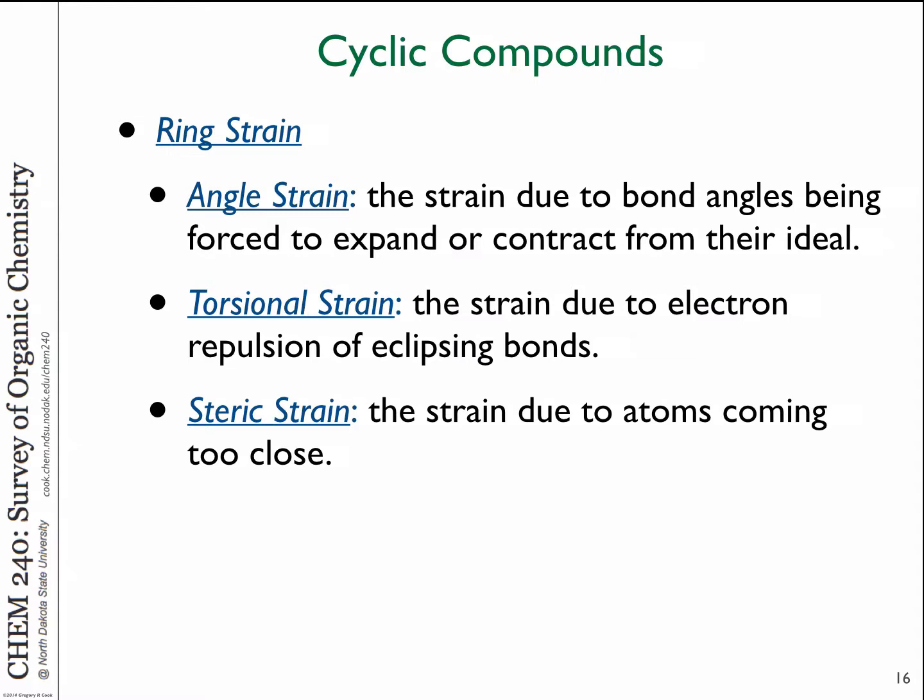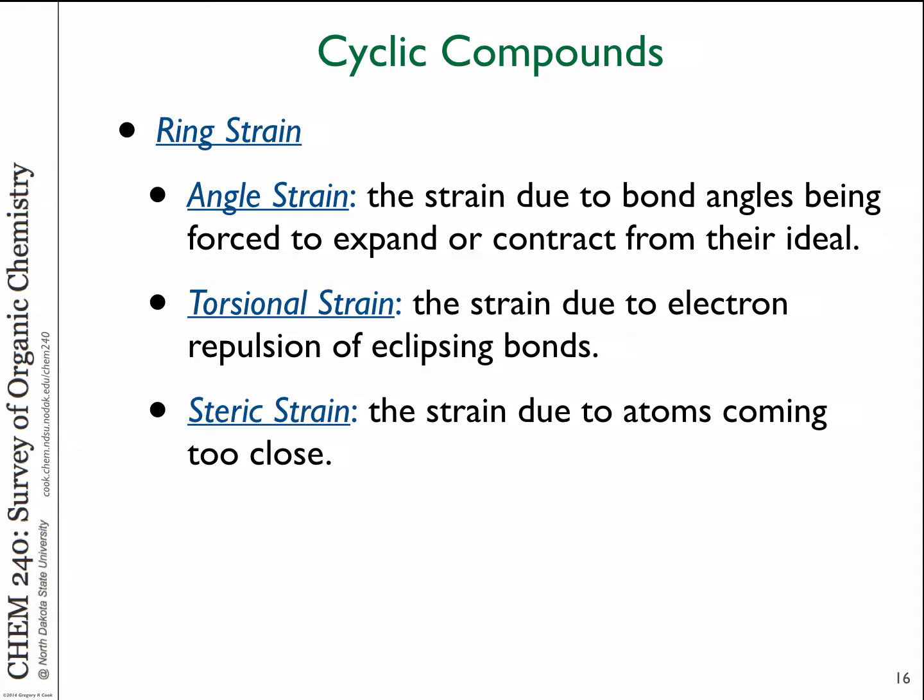Angle strain is a result of the size of a ring restriction forcing bonds to be at non-optimal angles, smaller or larger. In a tetrahedral carbon, what's the optimal bond angle between any two bonds? 109.5 degrees. That describes a perfect tetrahedron.